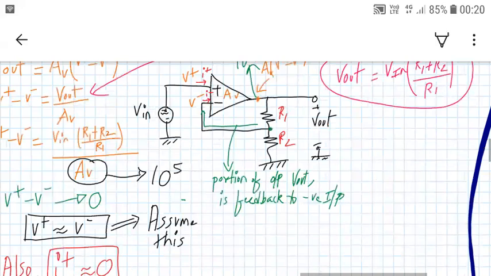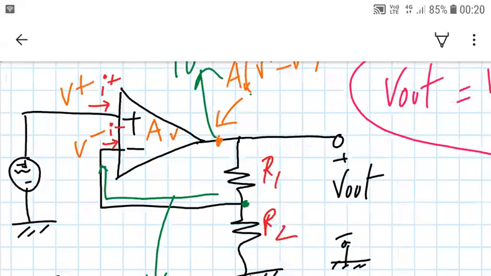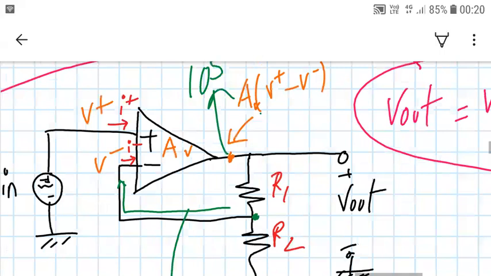Now let us also concentrate on one of the factors. Here we can say that a portion of the output Vout is fed back to the negative input terminal. So here we can see, marked with the green arrow, the portion of the output is fed back to the negative input terminal. So that's the negative feedback. So what will negative feedback try to do?